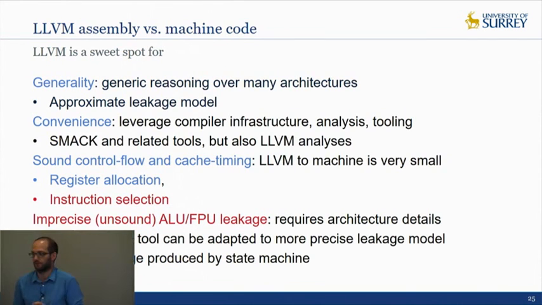But if you're happy with profiling the leakage yourself or assuming something about the leakage, then you can stay at this level. If you actually want a proof at x64 level, then you want to do it below. And I don't think it's much more difficult scientifically. It's going to be an engineering challenge for sure.